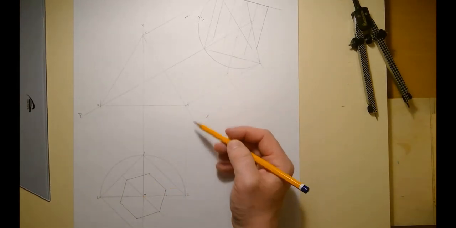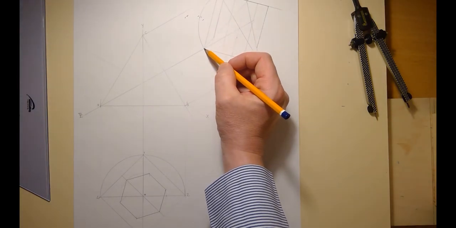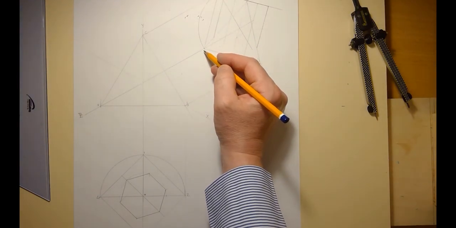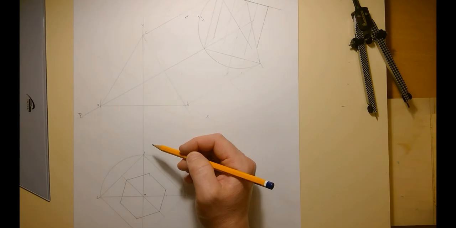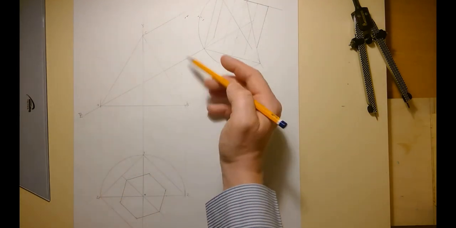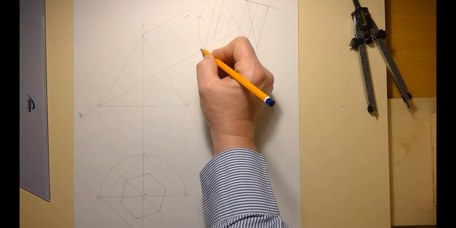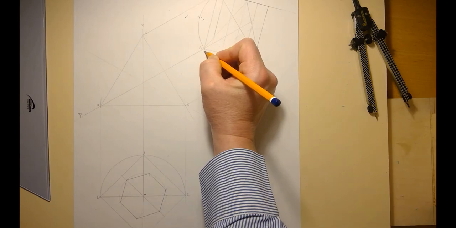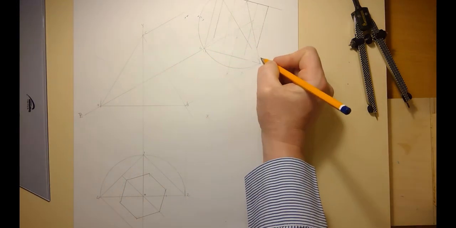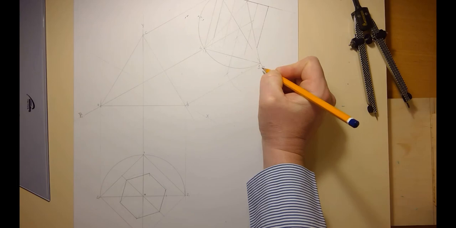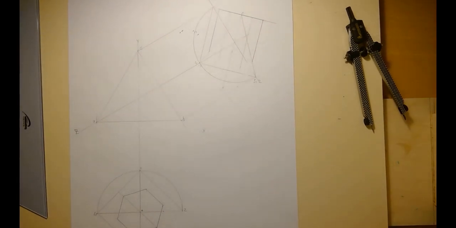And I do the same for the drawing up here. So this point here, as I'm looking at it from that direction, is going to be point 4 and point 1. So that's 4, 1. And this is going to be 3, 2 over here. And we have our apex as being 0.